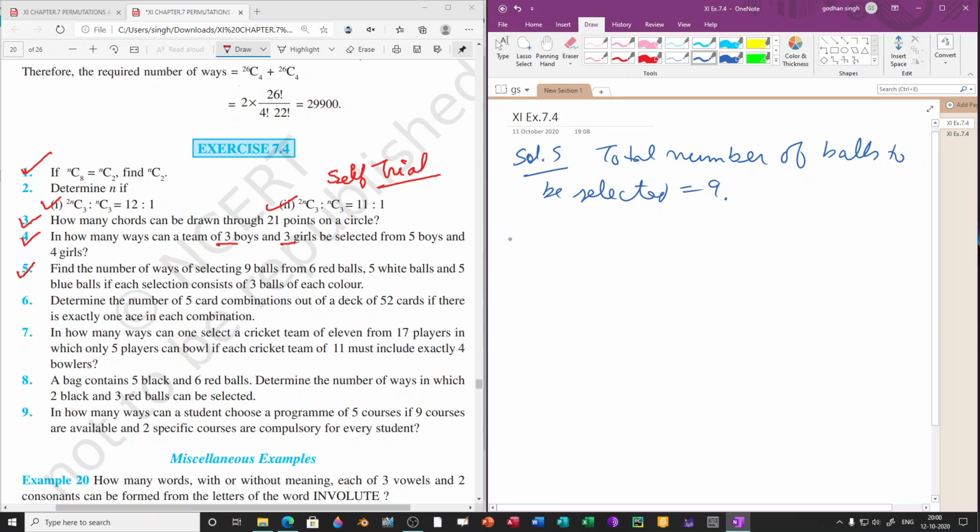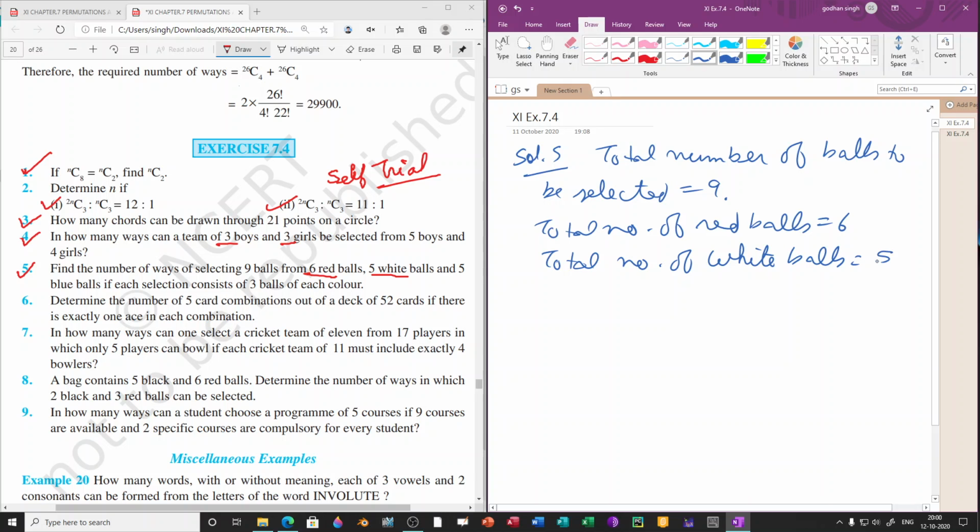Then total number of red balls is equal to 6. Total number of white balls, from here, total number of red balls are 6, 5 white balls, so total number of white balls is equal to 5.